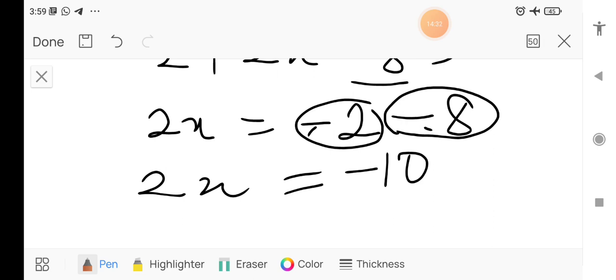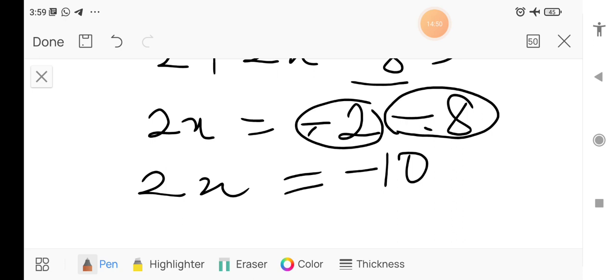And if you have 10 naira, for example, and you pay back 2 naira that you were owing, you'll be left with 8 naira. That's positive. So in this case, your answer is not going to be -6.